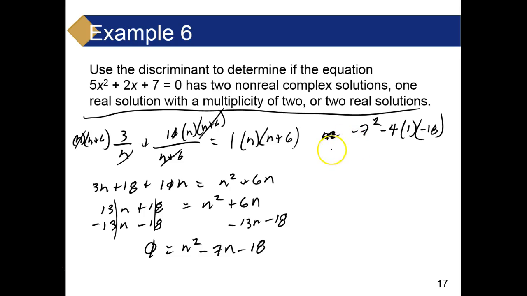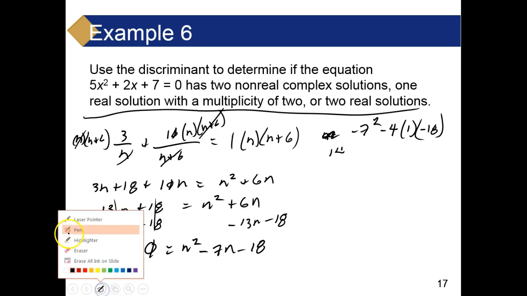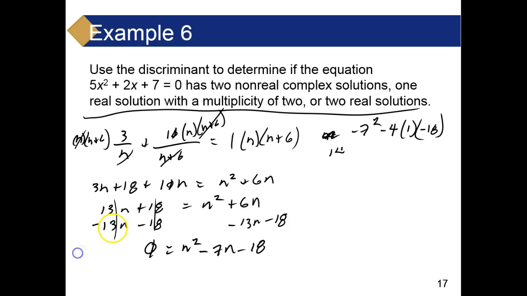What does negative 7 squared give you? 49. Goodness, I can't write. Let me try that again. Okay. 49. Count those negatives.